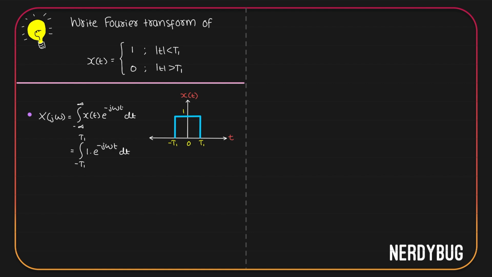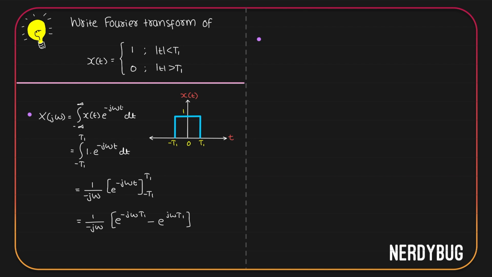All we have to do is integrate e raised to minus j omega t. So we get 1 by minus j omega e raised to minus j omega t, giving the limits minus t1 to plus t1. So this becomes 1 by minus j omega e raised to minus j omega t1 minus e raised to j omega t1.